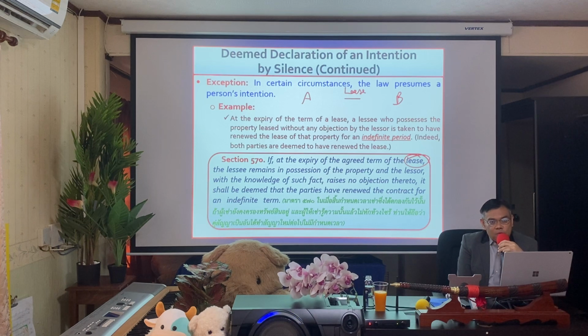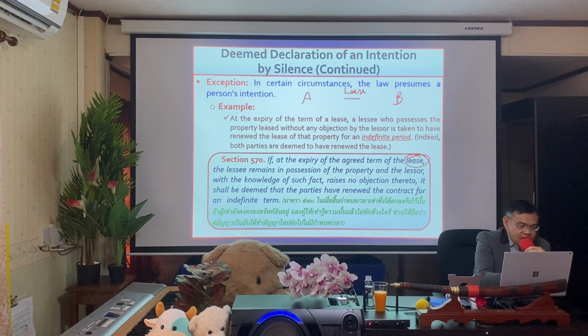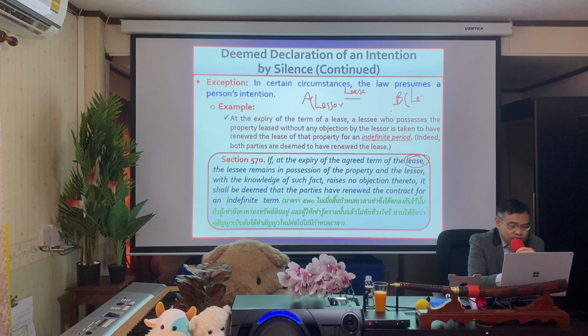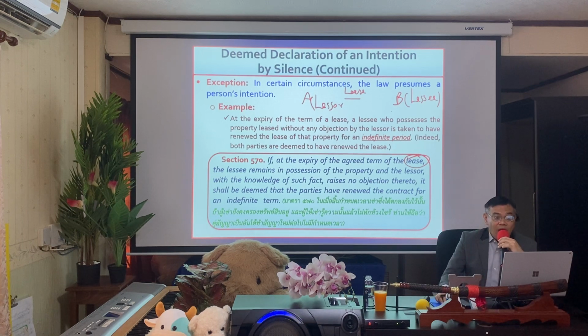The lease seems to be more widely used. So when A and B make a lease, let's say that A is the lessor, remember the word lessor, or ผู้ให้เช่า. B is the lessee, ผู้เช่า, the lessee or the hirer.